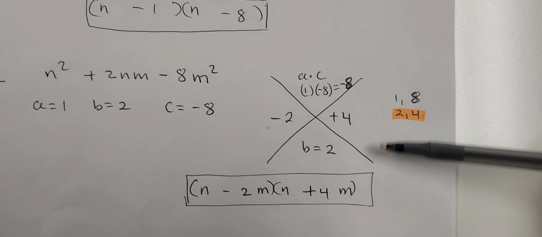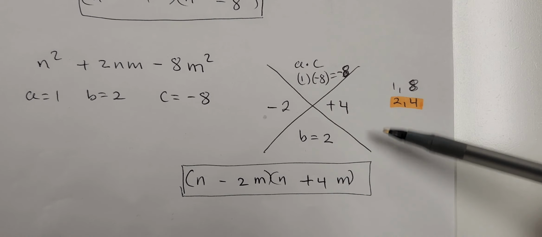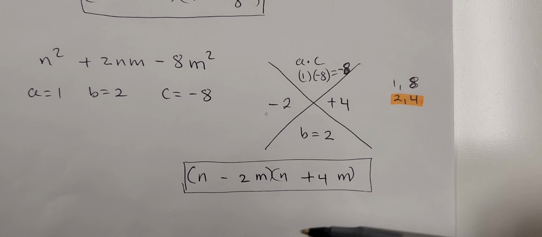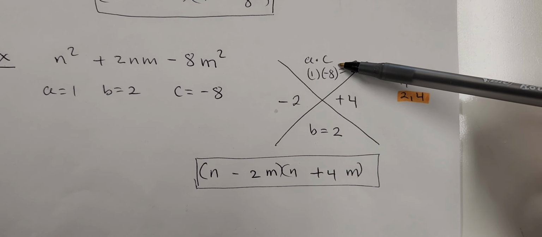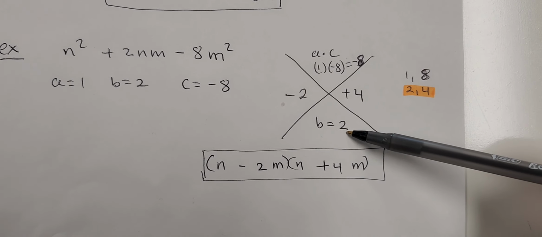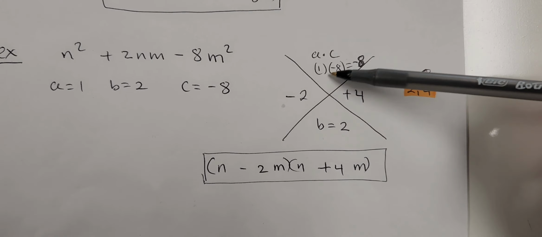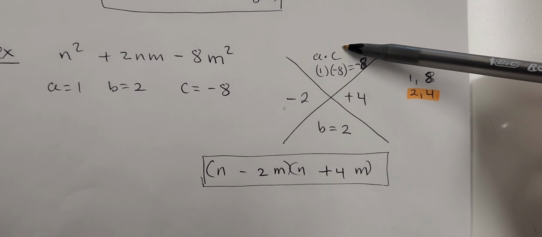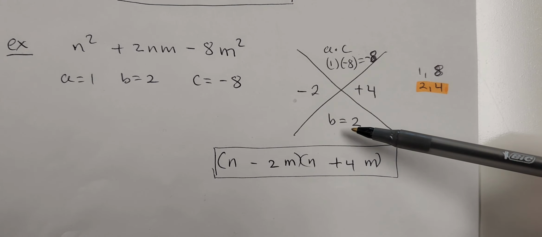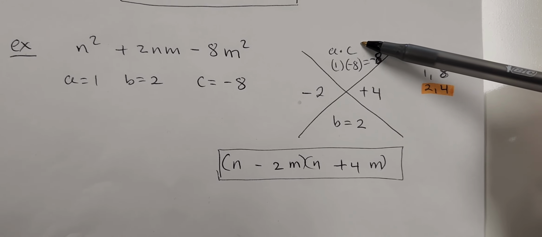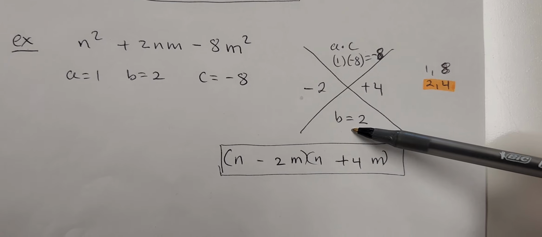After that, draw your big X. The top is always a times c, and b, which is 2, is on the bottom.